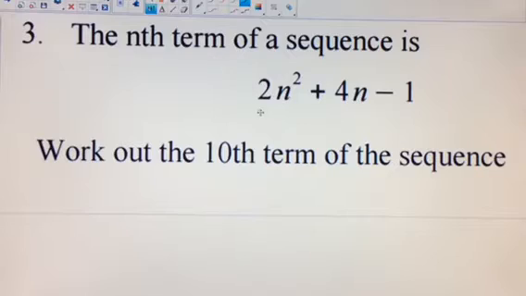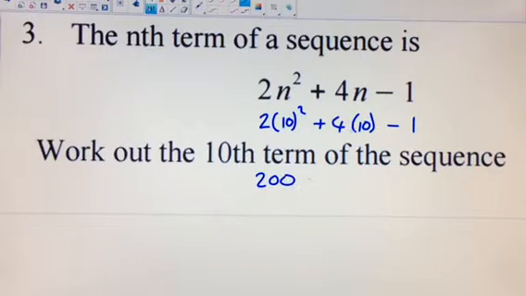I'm going to work out what 2 lots of 10 squared plus 4 lots of 10 minus 1 will work out to be. 10 squared is 100, so that value there is worth 200. 4 times 10 is 40, and obviously take away 1. So my final answer to this question is 239. Okay, hope that's clear. On to the next.